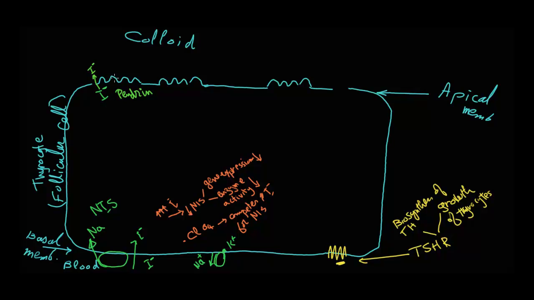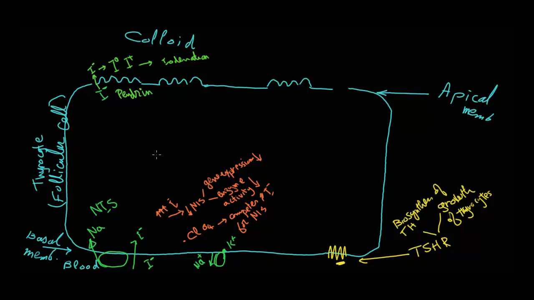On the surface of the apical membrane, iodide is oxidized. So the first step on the surface of the apical membrane is the oxidation of iodide. The fact that it is oxidized means it is going to lose electrons. This process prepares the iodide for the next step, which is iodination of thyrosyl residues of thyroglobulin.